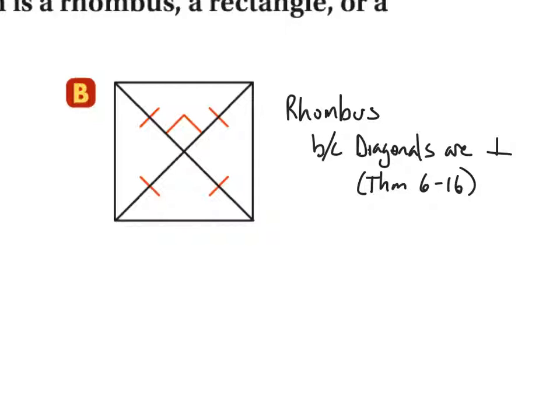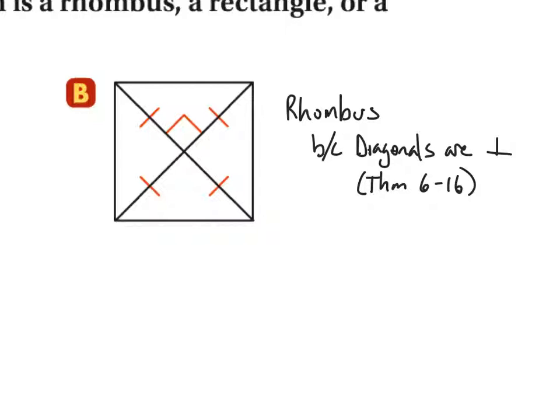Okay, I agree, but we're not done. That's not the only thing they give us here. They also tell us that all those little four segments in our rhombus are congruent. Okay, well, what does that mean here? If this segment here is congruent to this segment, and congruent to this segment, and congruent to this segment, what is that telling us about these entire diagonals?